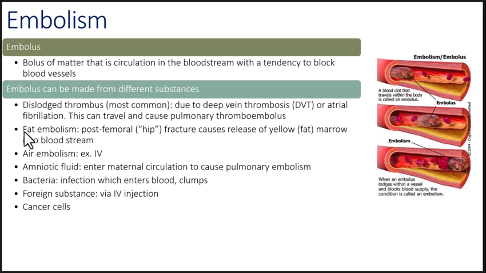An embolus can also be made up of fat. And although there are different methods by which fat can get into our bloodstream, one of the more common methods is if somebody has had a fracture of a bone, so for example, of their femur, this can cause, because of the break, some of the fatty yellow marrow, because remember that yellow bone marrow is going to be made up of fat, to get into the bloodstream and block vessels. An air embolism can also occur.